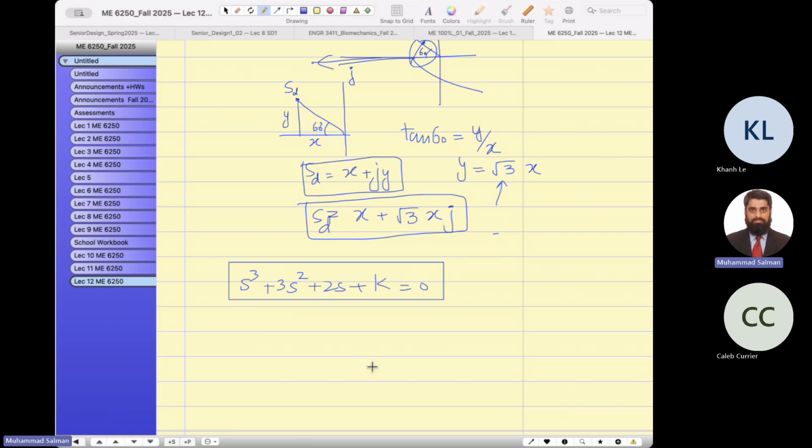So let's do this math here. The way I'm going to show you, I'm going to write s equal to s sub d, which is equal to x plus square root 3 j. Agreed?